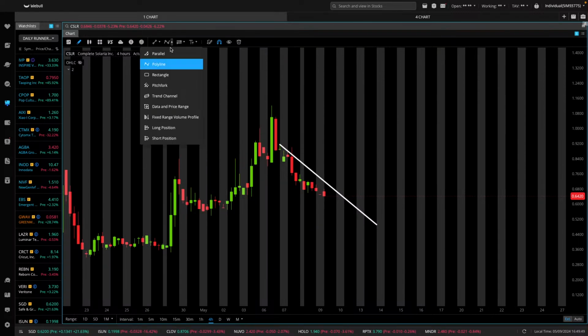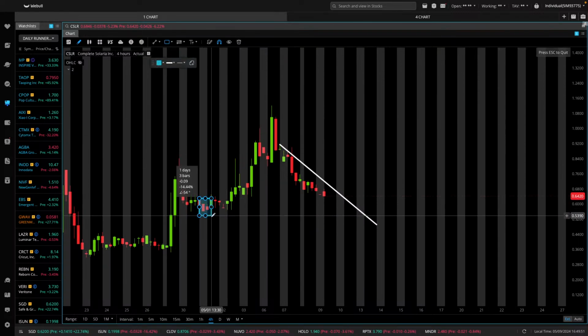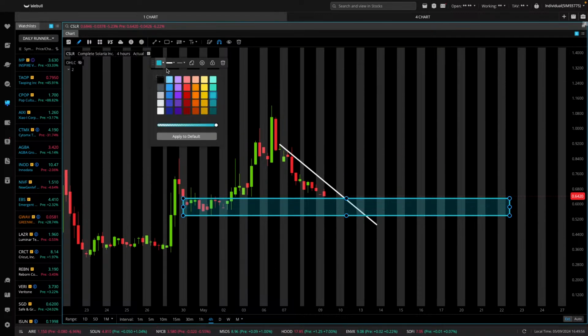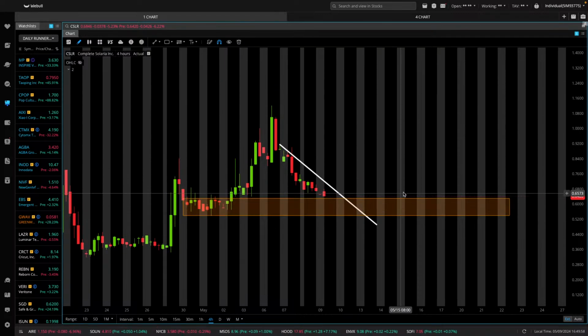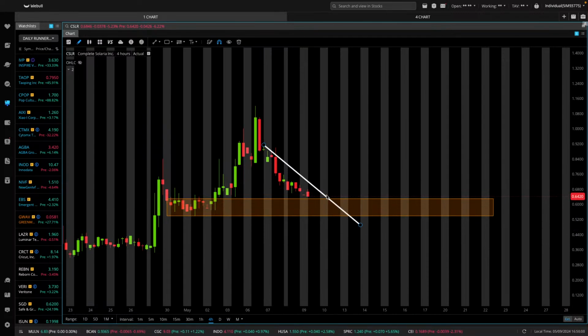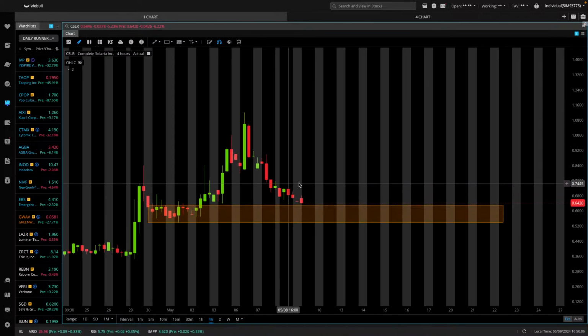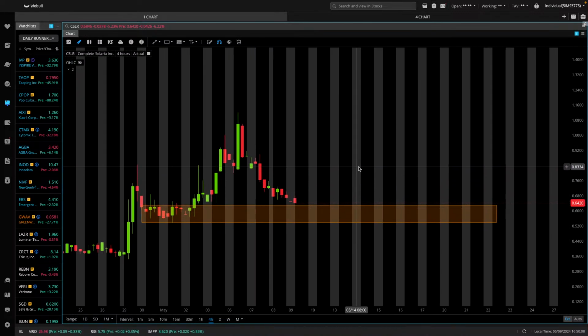But this is your demand zone around this level here, okay? Because this is kind of your range where there is found support. So maybe this might be a good area for entries, but there's not enough volume for me to be interested in this play. But yeah, this is your demand zone around this level on CSLR.